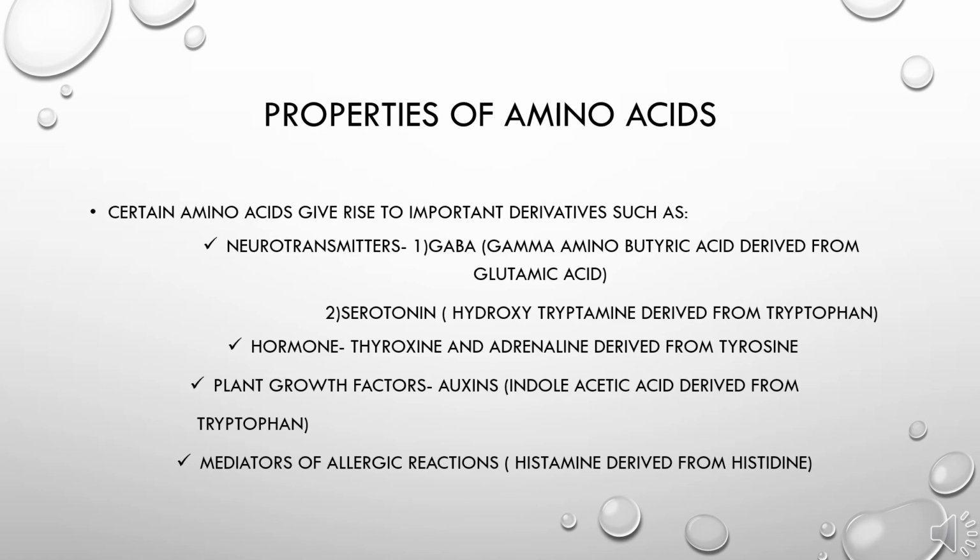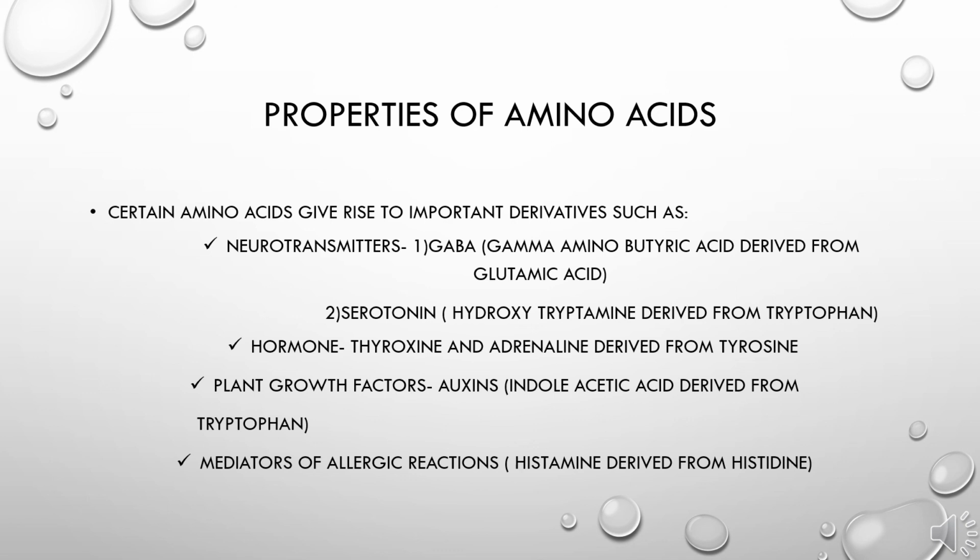Certain amino acids give rise to important derivatives such as neurotransmitters. For example, GABA, that is gamma amino butyric acid, is derived from glutamic acid. Another is serotonin, which is hydroxytryptamine, derived from tryptophan.